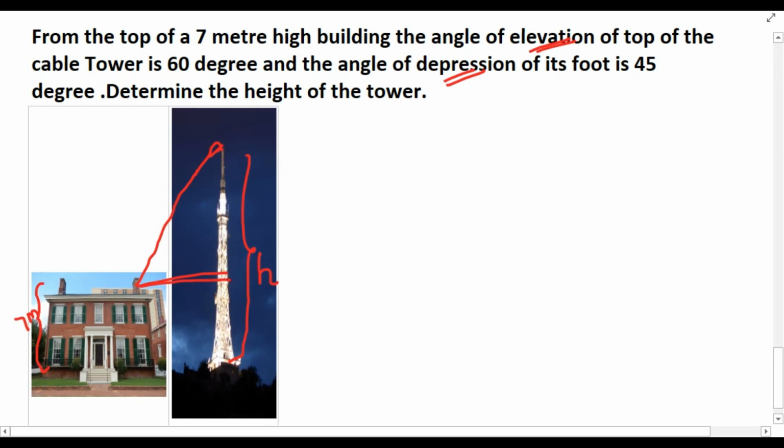This will be the horizontal line, and the angle of elevation is 60 degree. And from the same point he is looking at the foot of the tower also. This is the angle of depression, it is 45 degree. Now we need to find the height of the tower.